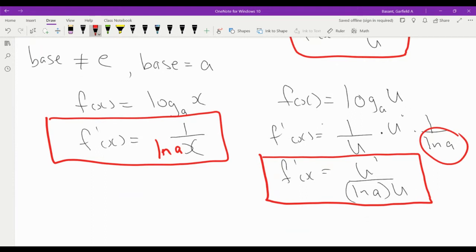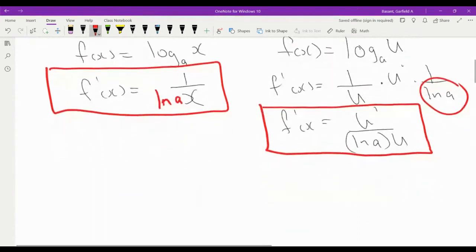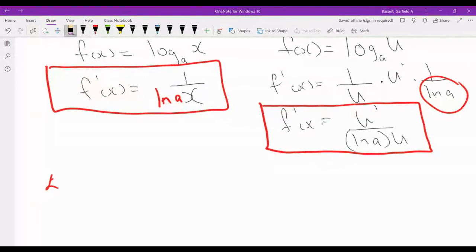All right, let's try a problem. I'm just making one up at the moment. So let's say f of x is equal to log base 3 of x.